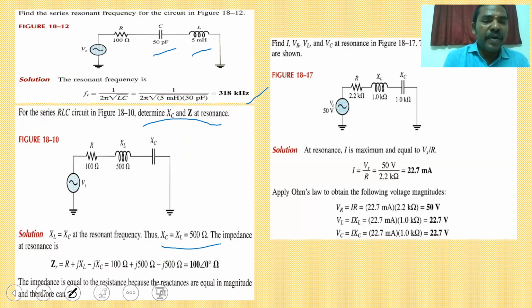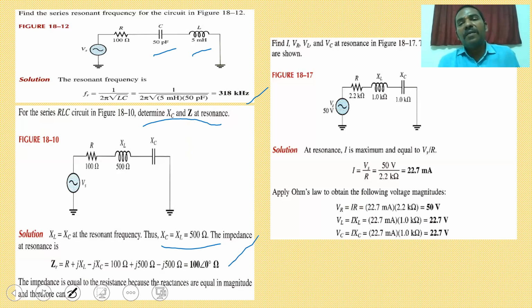Now the impedance is R plus JXL minus JXc. So 100 plus J times 500 minus J times 500. So finally you can get 100 at an angle of 0 degrees. You already know that under the resonating condition the net reactance must be equal to 0. The impedance is only pure resistance.